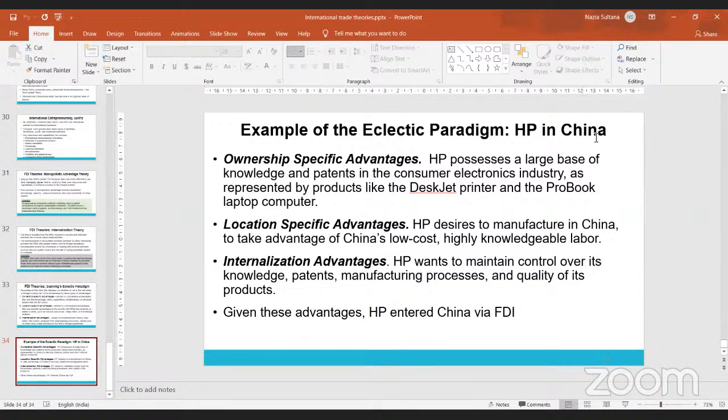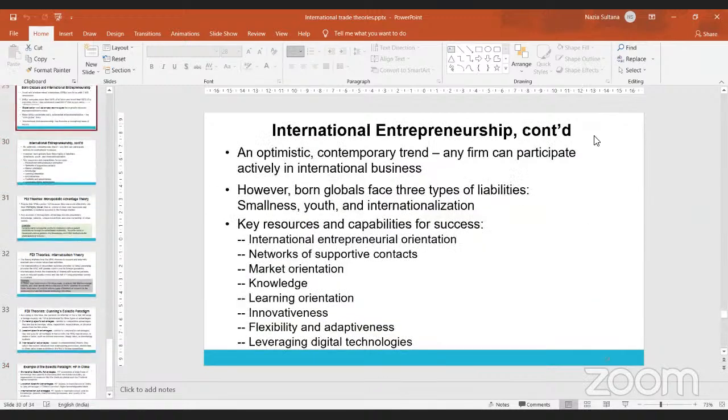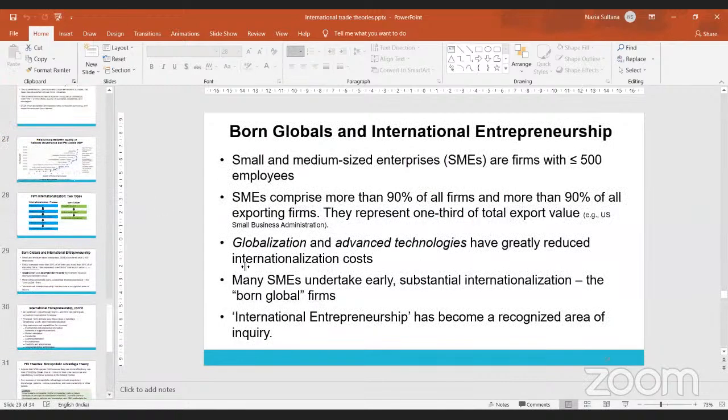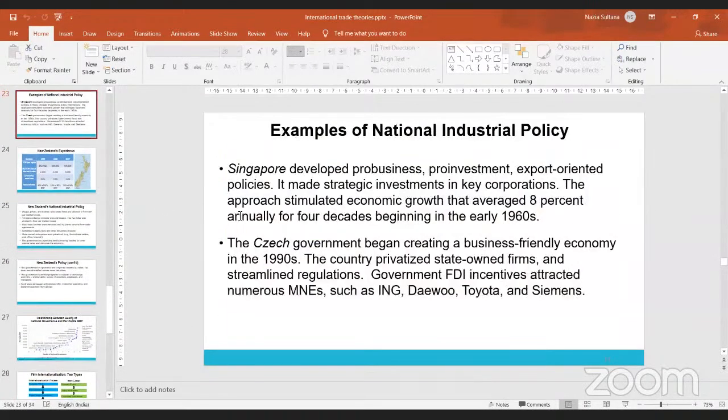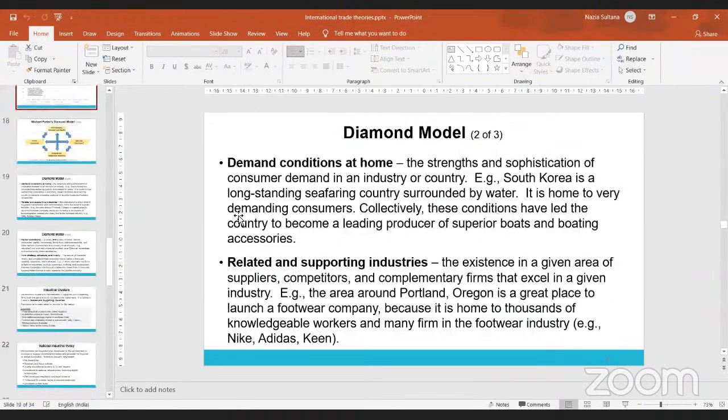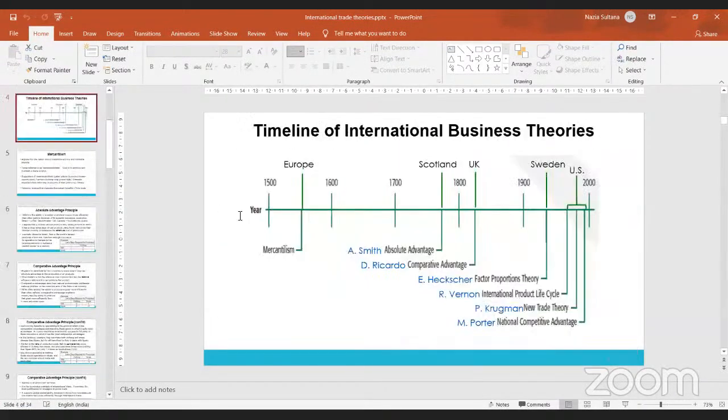So, right, these are all the theories which we have discussed, which are related to international trade. Just a quick look at the diagram which we had earlier, the theories. Two theories are still left: the product life cycle theory and new trade theory. This is there in another PPT, so I'll show you that PPT.